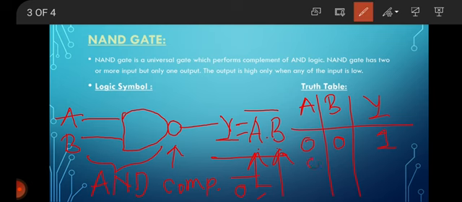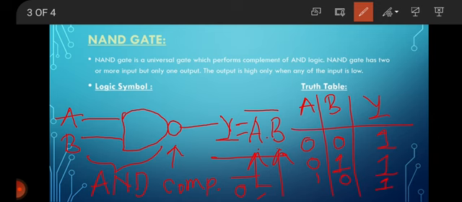Then apply 0 to the A and 1 to the B. Then we can get 1. That is 1 into 0, 0, and complement of 0 is 1. Then apply 1 to the A and 0 to the B. Then we can get also 1.